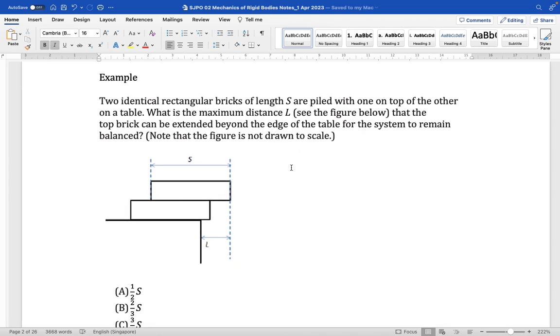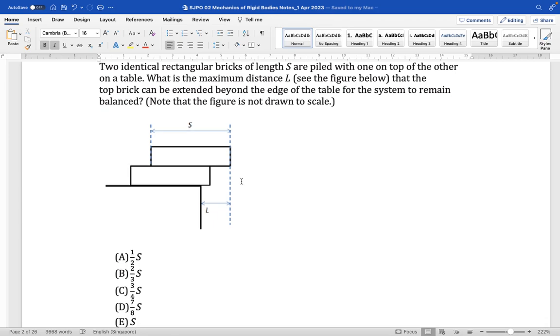We want to first realize that there are two pivots, one occurring here and another occurring here. So it is easiest if you look at the first brick and find out the conditions needed for it to remain stable. And once you fix that condition, we will look at the second brick, which is then lying on top of another pivot.